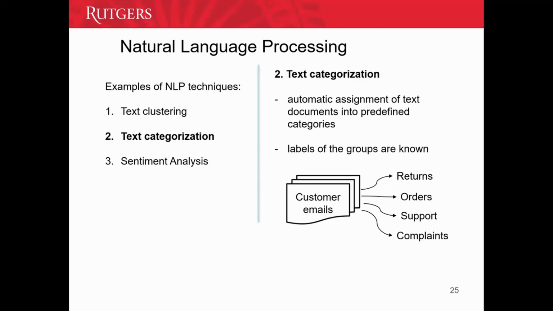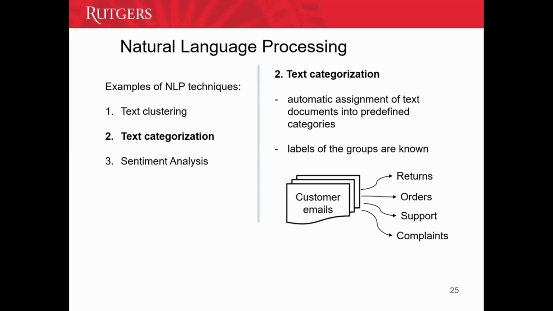When I talk about text categorization being used in companies, you'll see that several companies, for example, are receiving billions of emails daily, right? And so instead of reading those emails, they use software to automatically analyze those emails and sort them or send them to specific departments for analysis, right?